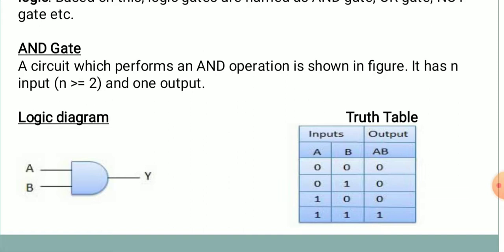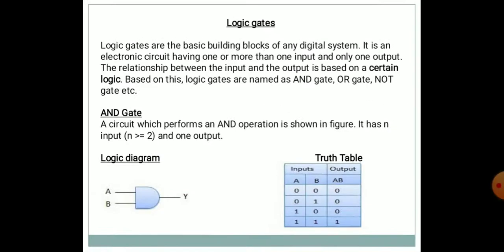That is, only if A and B are 1, the output will also become 1. So this is the truth table for the AND operation. Notice that there is only one row where the output is true, that is, the output is 1. That happens only when both inputs are true.